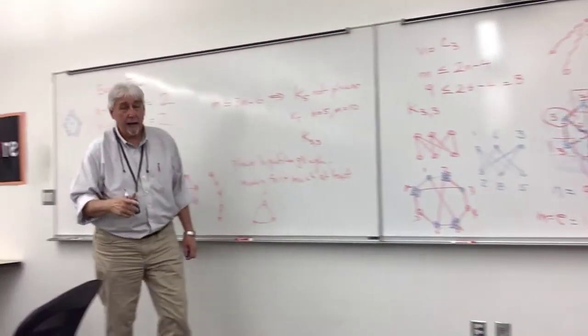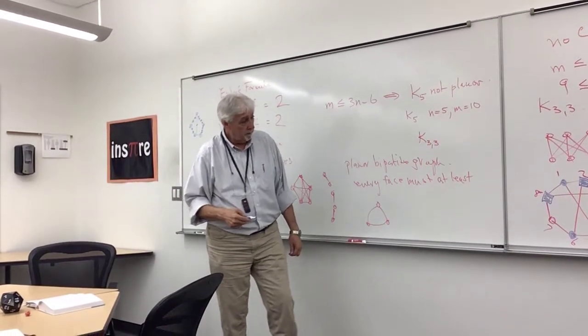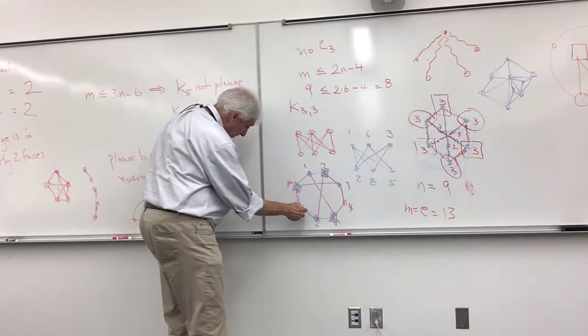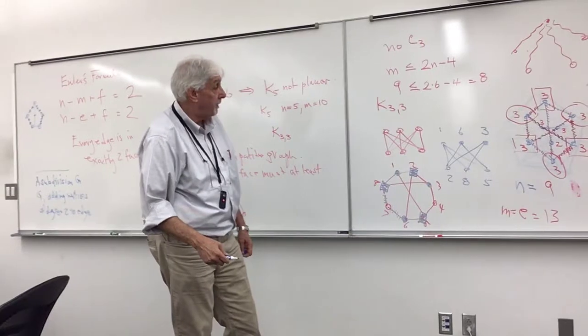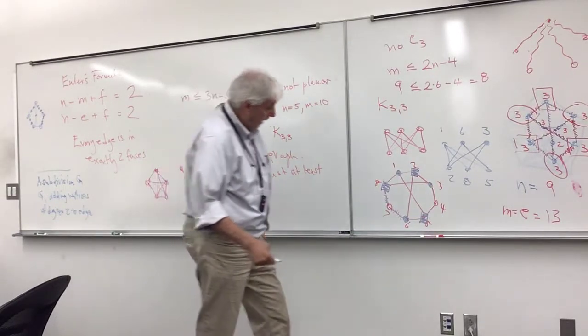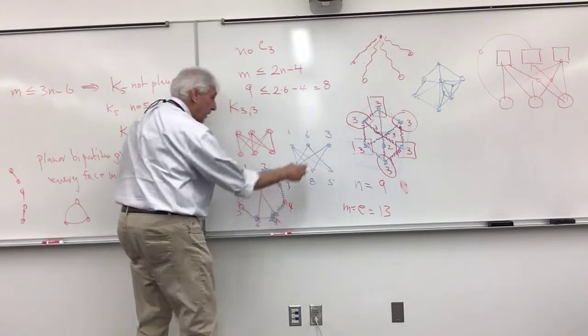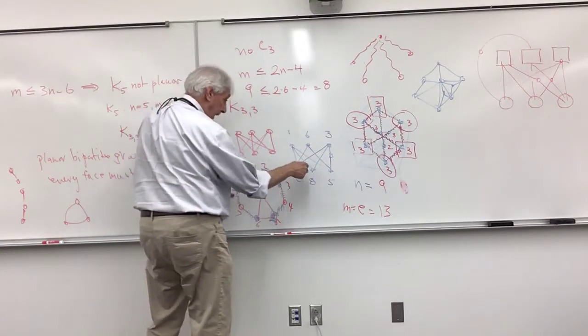So all I need is a disjoint path from 6 to 8, and a disjoint path from 3 to 5. So that goes there, between 8 and 6.